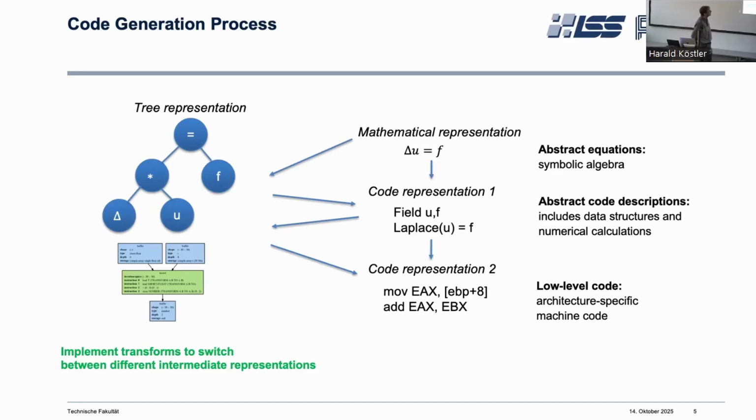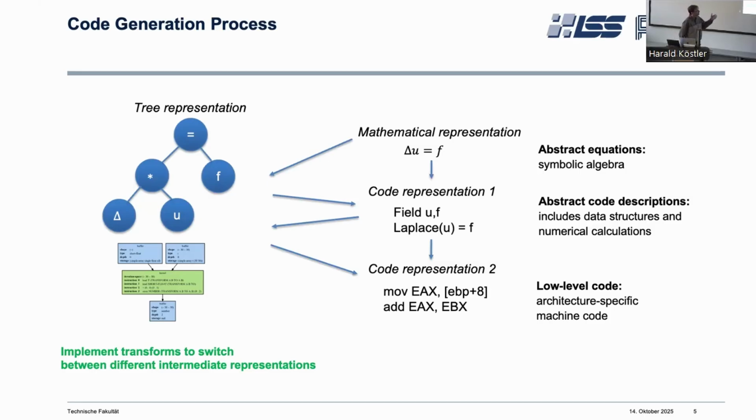And this mathematical representation we can write down in a very formal way. Usually, for example, you can describe it in a domain-specific language or using a simple Python abstraction, and then work with this maybe symbolically. From that, we transform this into a code representation that is also kind of abstract.